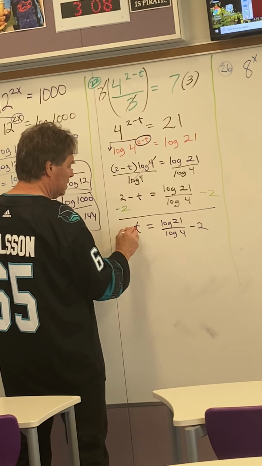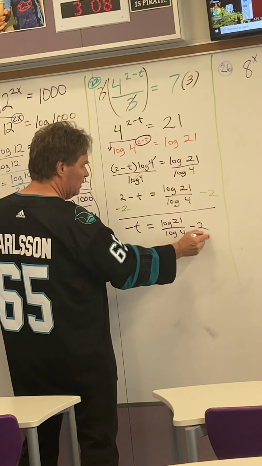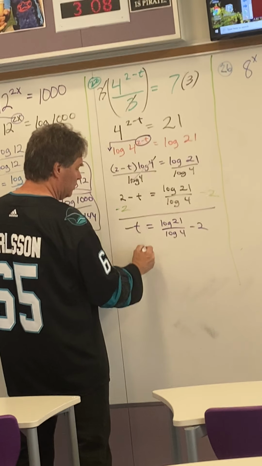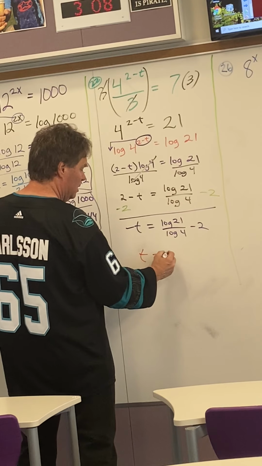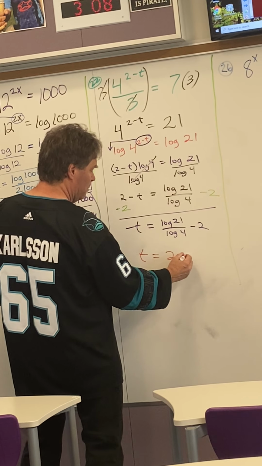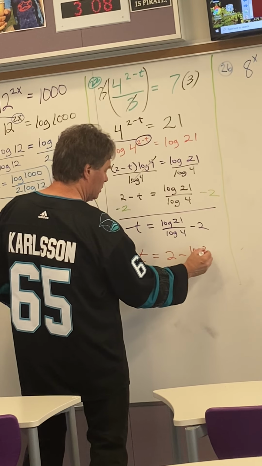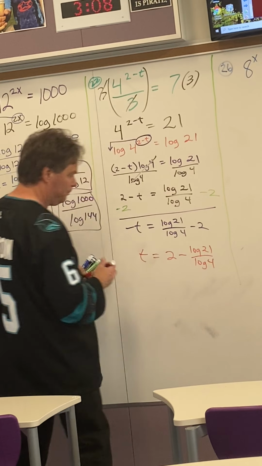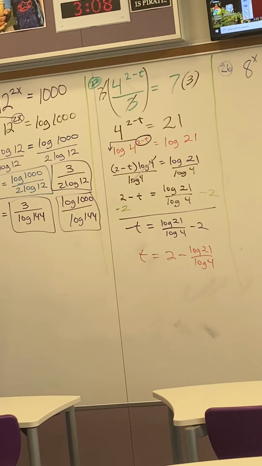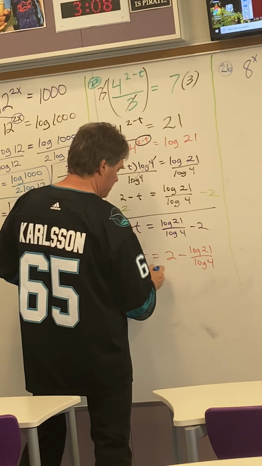Well look, if minus t is this guy take away this guy, then regular t would just be this guy take away this guy. It'd be flipped around. That's the way I'd look at it. 2 minus log 21 over log 4. And there's the answer in calculation ready form.